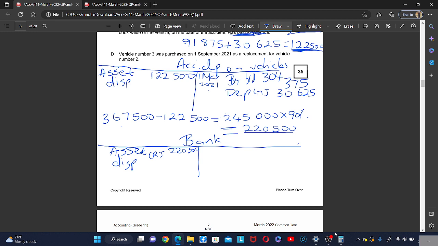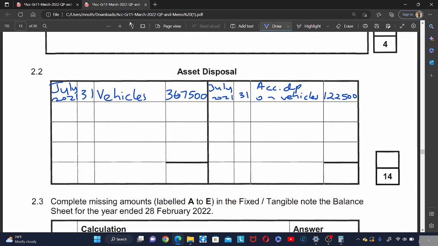If you record something on the debit side, it must also be recorded on the credit side. Bank.